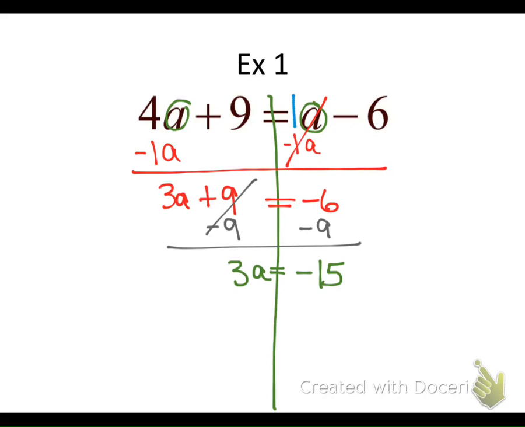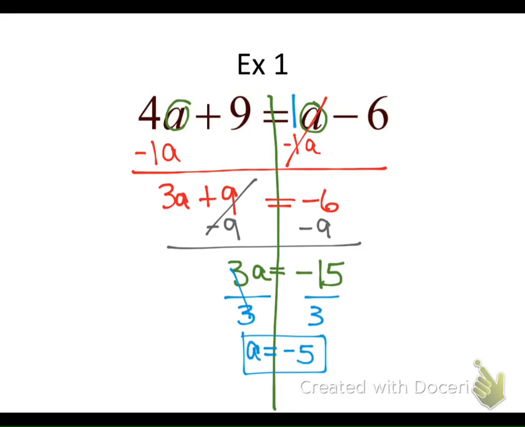Next, divide by 3. So then a equals negative 5. Way to remember that negative. What do we think so far? I like this better. Yeah, it's not any different, is it?